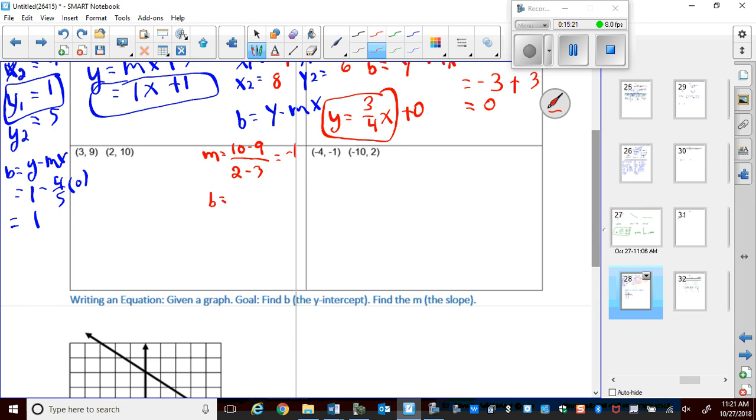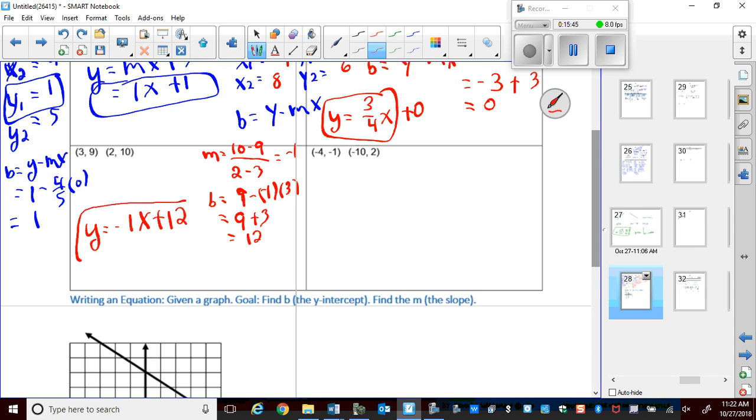My y-intercept equals 10 minus negative 1 times 3, or 9 plus 3, which is 12. My equation is y equals negative 1 x plus 12.